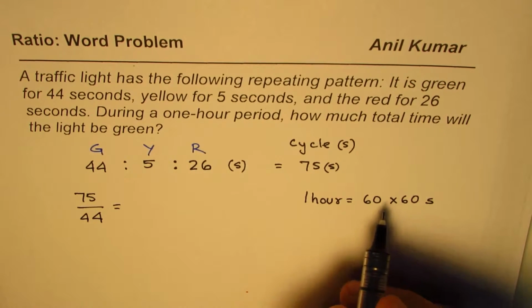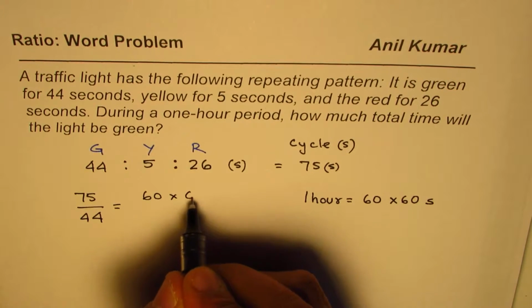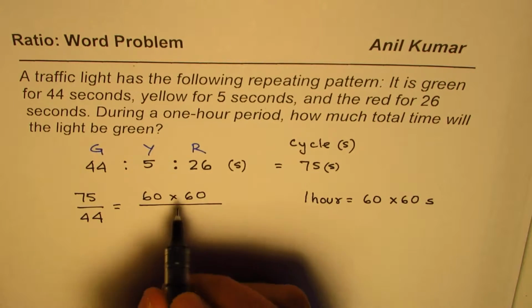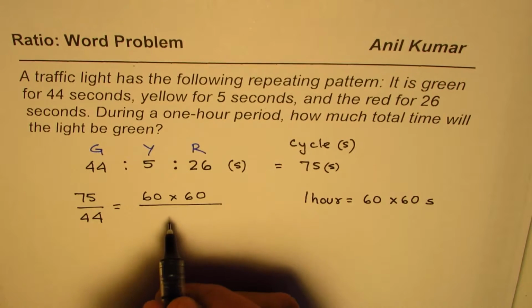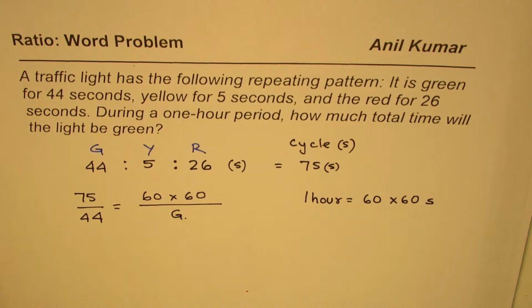So we need to find that in 60 times 60 seconds, how long will it be green? That we don't know, so this is what we need to find. That is how the ratio works.